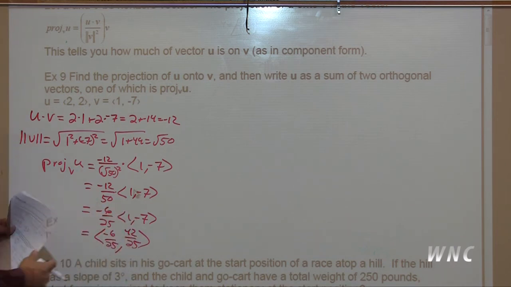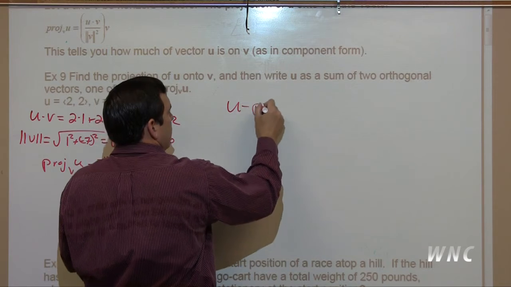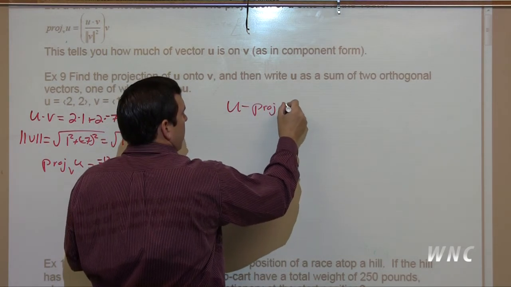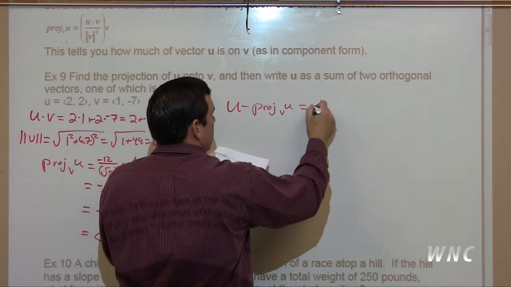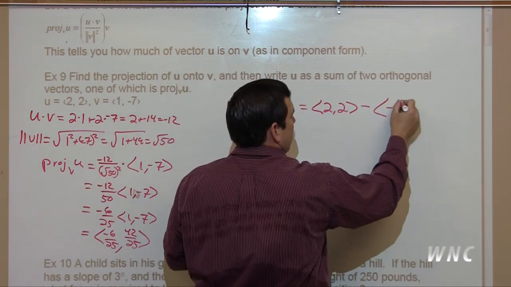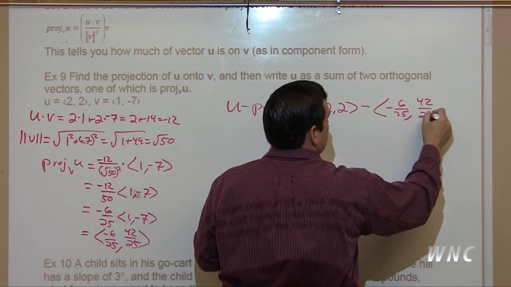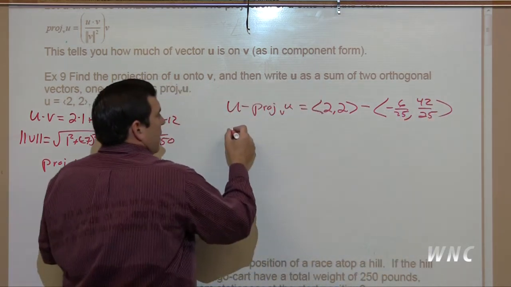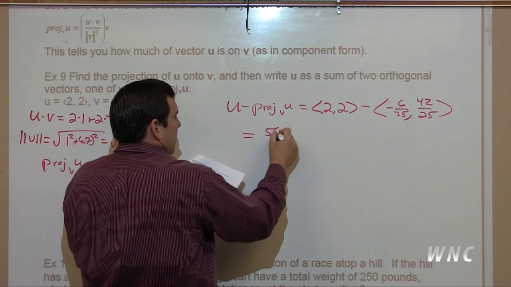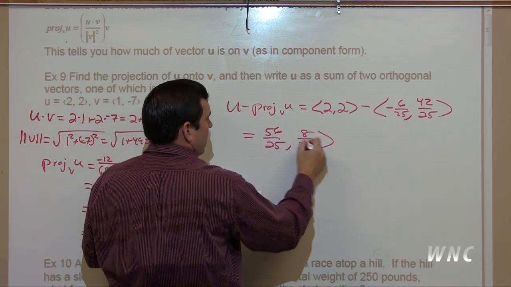To get the other part of this vector, so we have the part that's on v and the part that's perpendicular to it, we do u minus the projection of u onto v. So that's going to be 2, 2 minus our negative 6 25ths, comma 42 25ths. And we get from that 56 25ths, comma 8 25ths.